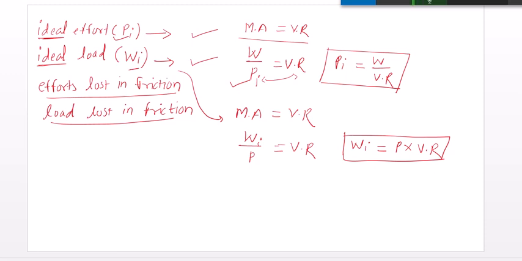Due to frictional losses, we need to apply more efforts than required. That's why actual efforts are greater than the ideal efforts.